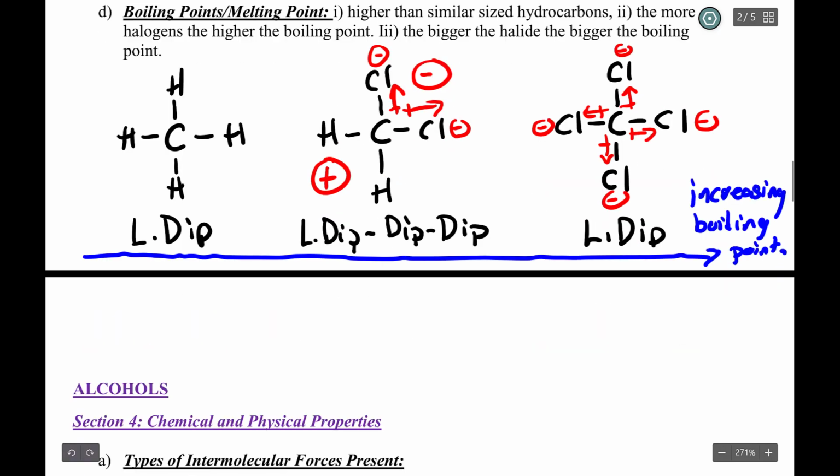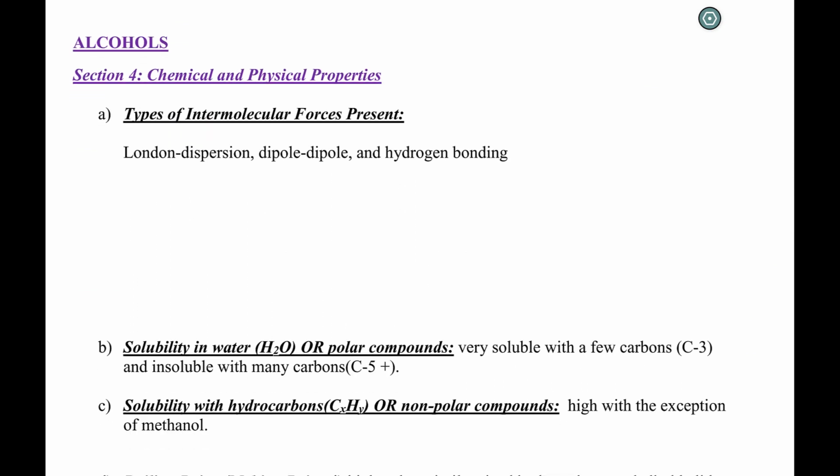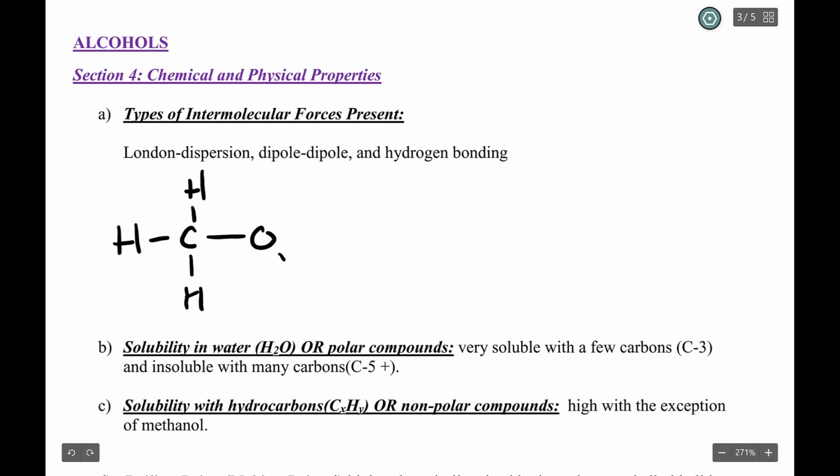Now, when we're talking about alcohols, they have hydrogen bonding. I'll show it to you in two different ways, just using a methanol molecule. So here's a methanol. The negative end of the alcohol group really is this oxygen here. So when it comes close to another methanol, I'm just going to draw kind of an inverted methanol here.